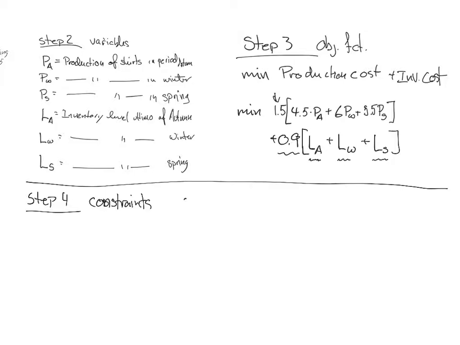We need starting inventory plus the production minus what we sell, so that's the demand, has to be equal to the ending inventory.